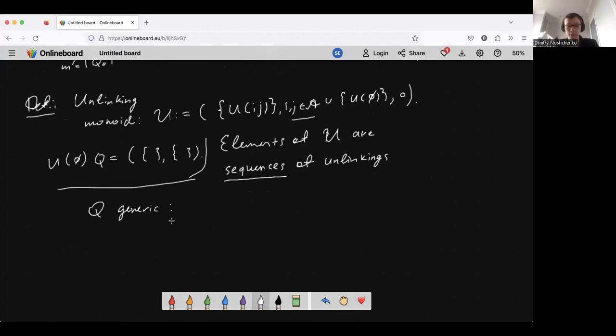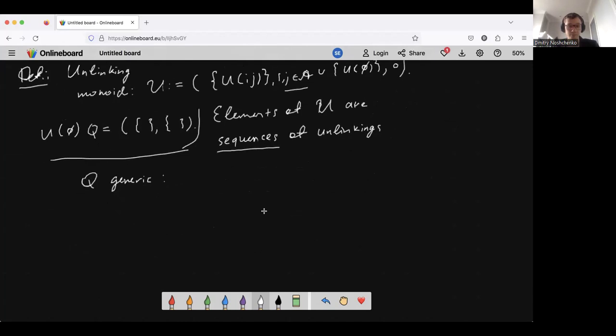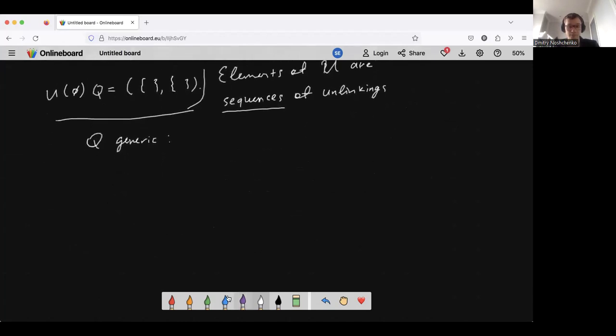What is the first thing that we can say about these operations? One can ask what happens if we hit some generic quiver by unlinking U_ij, but after we unlink by some other pair of nodes, like k and l.